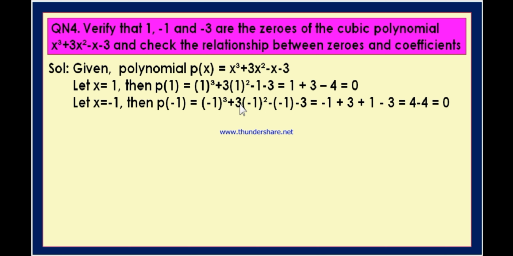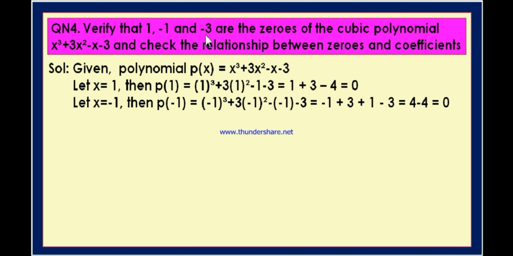Minus 1 whole square is plus 1 into 3 is plus 3. Minus of minus 1 is plus 1 and this is minus 3. 1 plus 3 is 4. Minus 1 minus 3 is minus 4. 4 minus 4 is 0. Again, whenever you substitute x is equal to minus 1, we got the value of the polynomial 0. So that minus 1 is also a 0 of the polynomial.